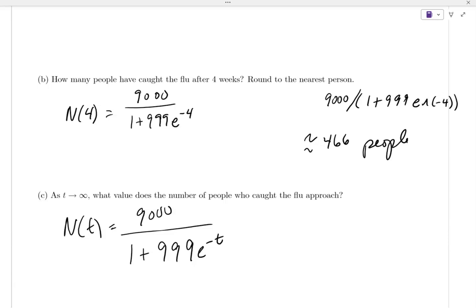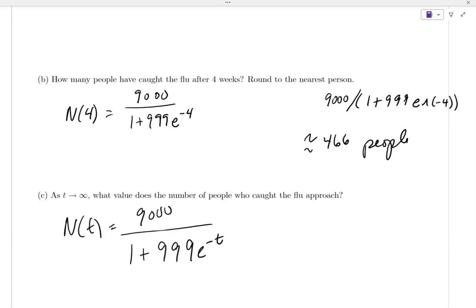It's saying what happens as t gets big, right? So we've already established e to the negative t goes this way, because that negative sign would flip your original graph left to right. So it goes that way.